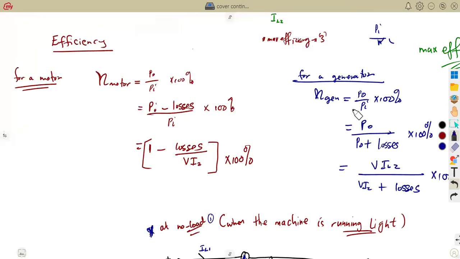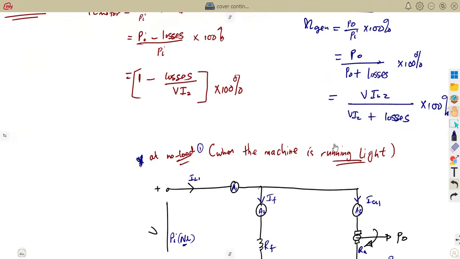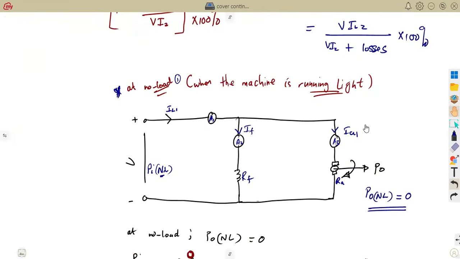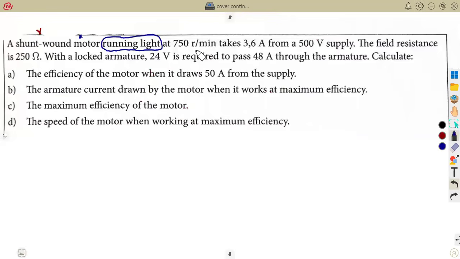I explained about these terms. When the machine is running light, it means you are at no load. Those are no load conditions. So at those conditions, you're given the current, this and that.